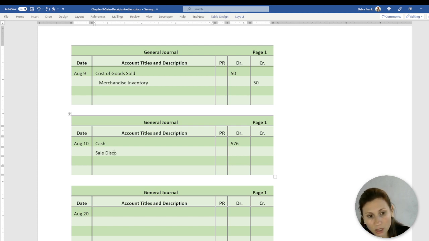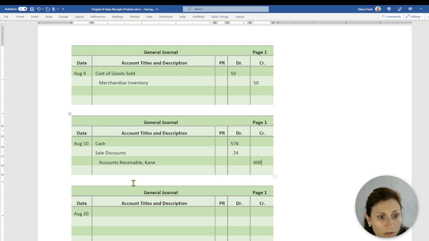So we'll record sales discount with a debit balance of 24. Hey, that is going to make us balance because now that equals 600 and we know we are decreasing. We're no longer looking for $600 from Kane. So Kane's $600 receivable goes down by $600.